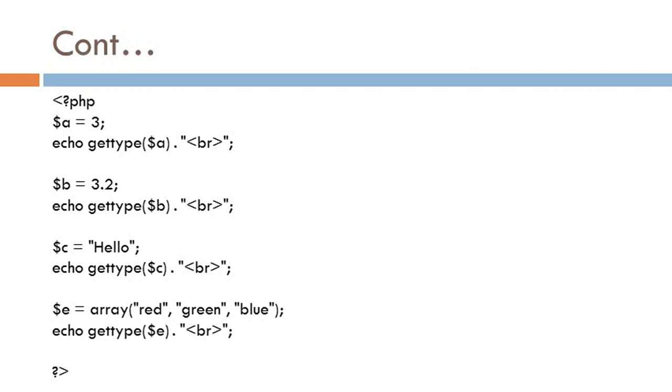The output of this script is first echo statement prints integer, then second echo statement prints double. Next is gettype($c), means data type of variable c is string, so here string. Fourth echo statement prints array.